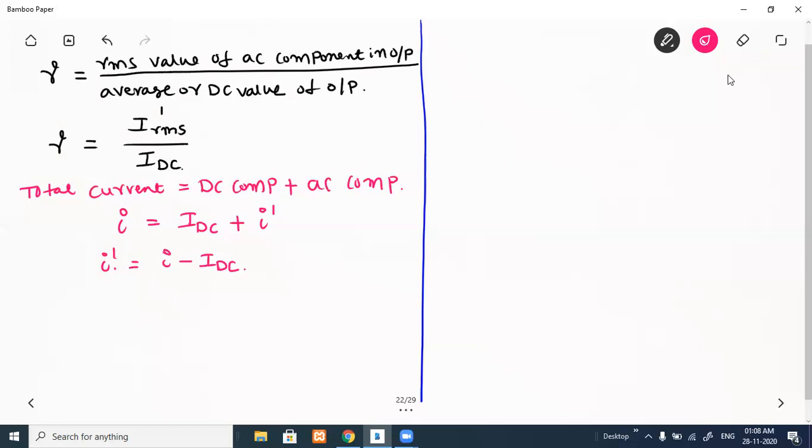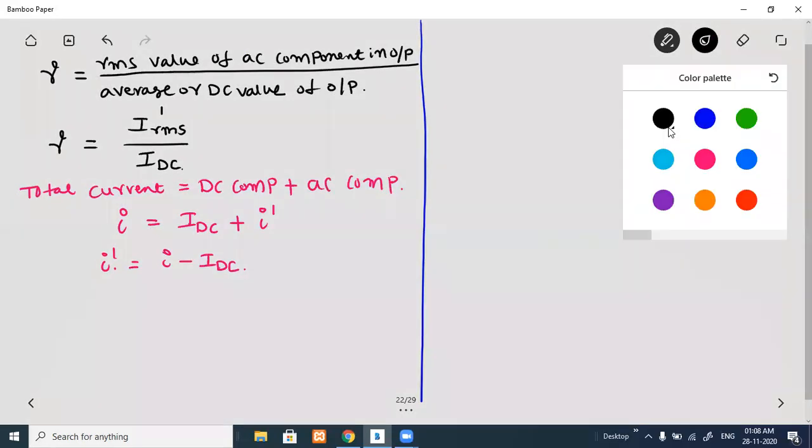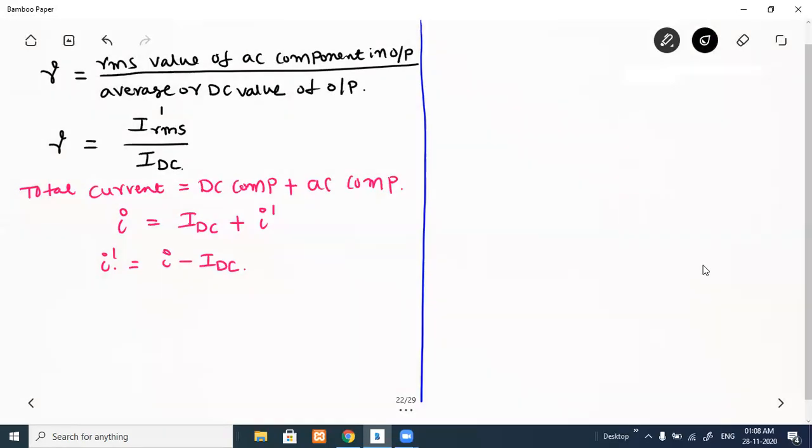So I_RMS dash is equal to... If you want to calculate the RMS value, first square, then calculate the mean, and apply the square root. I already calculated the AC component current, which is equal to I minus I_DC.